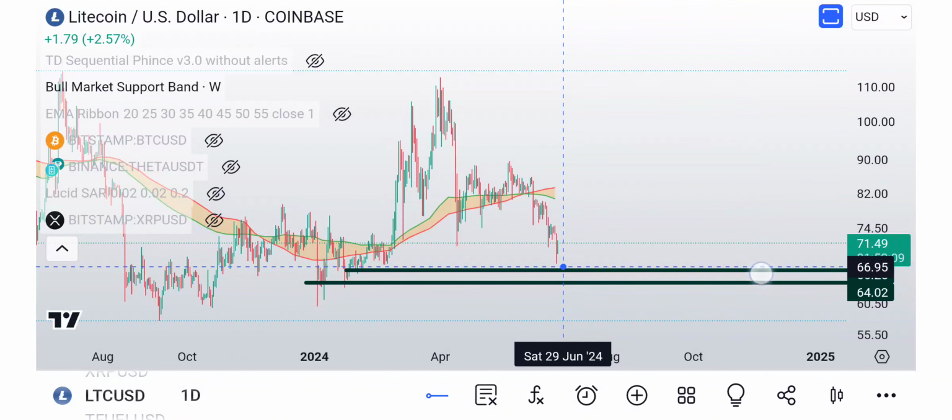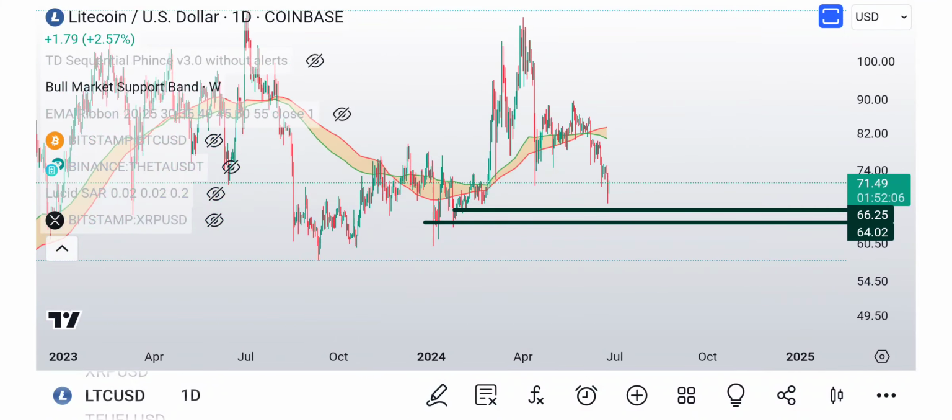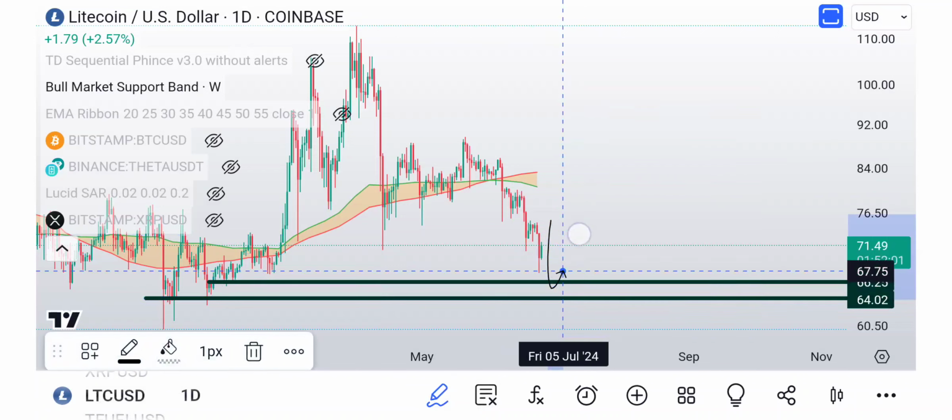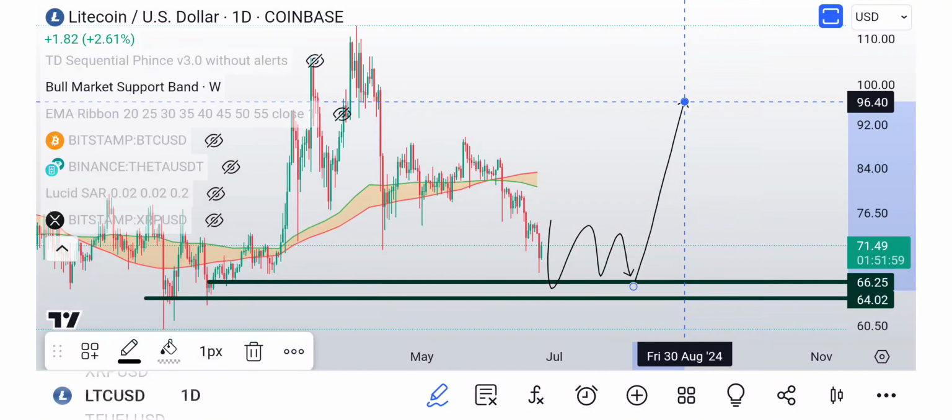So if this ABC pullback comes in right at that perfect spot, again, we want to see some kind of base get built in here and then a breakout.